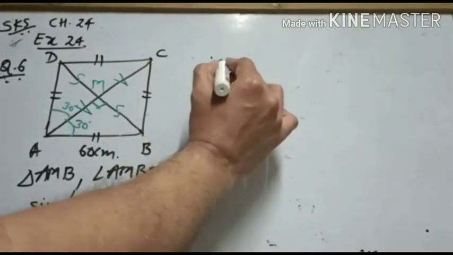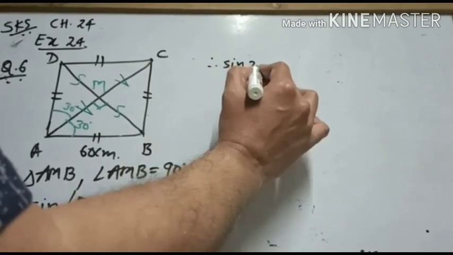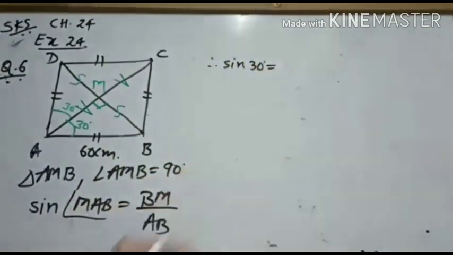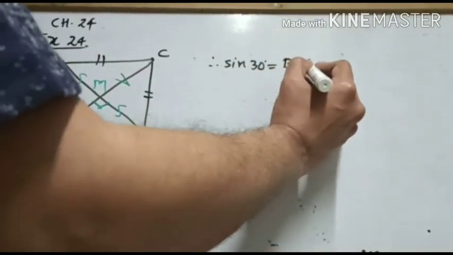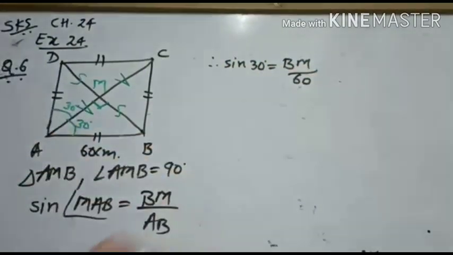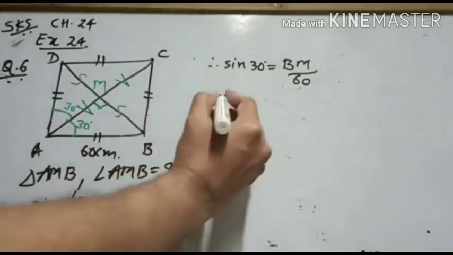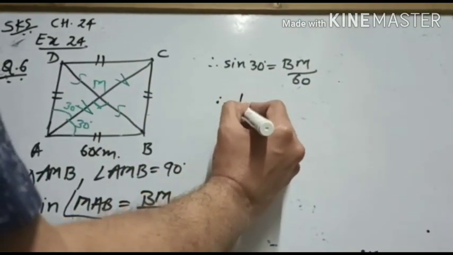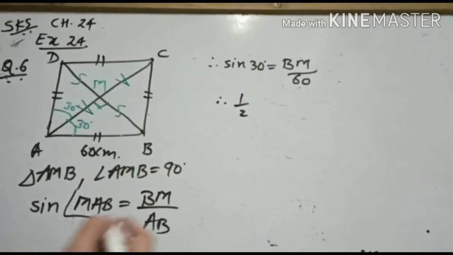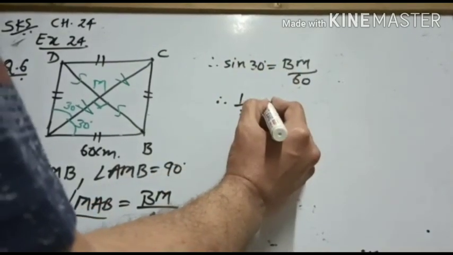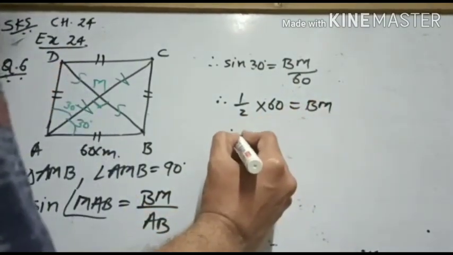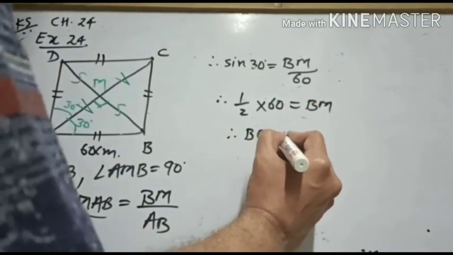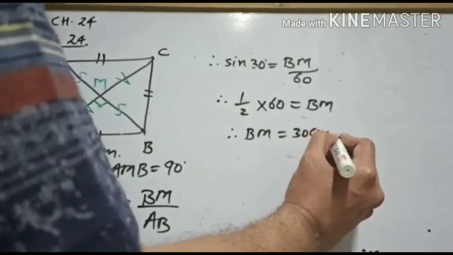MAB's value we have calculated as 30, so sine of 30 degrees will be equal to BM upon AB, which is replaced by 60 because AB's value is 60, given to us. From the tabular values, sine 30 is half. Bringing this 60 over here, half multiplied by 60 equals BM. So BM will be equal to 30 centimeters.